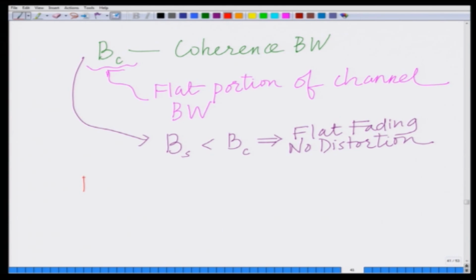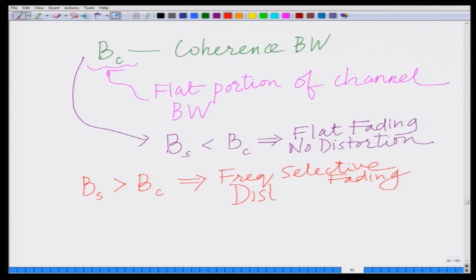On the other hand, if Bs is greater than Bc, this implies frequency selective fading, and there is also going to be distortion.